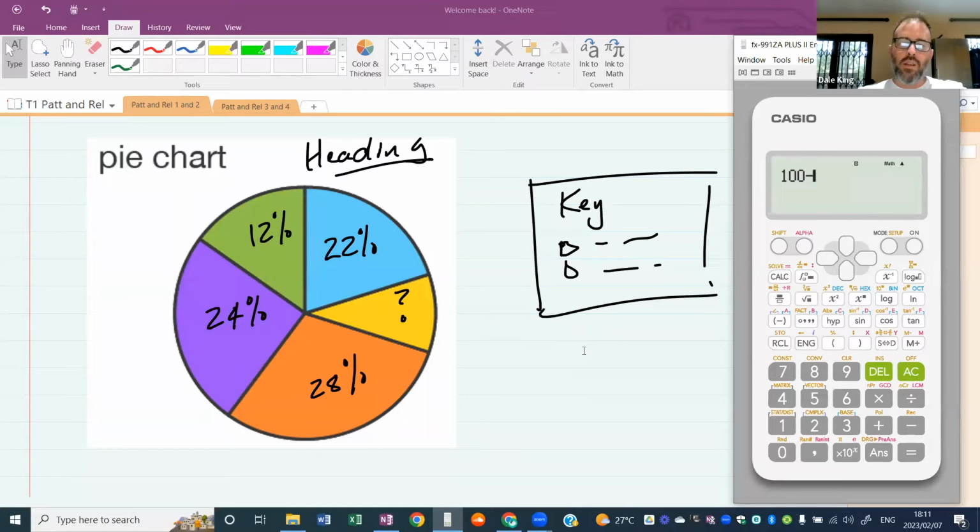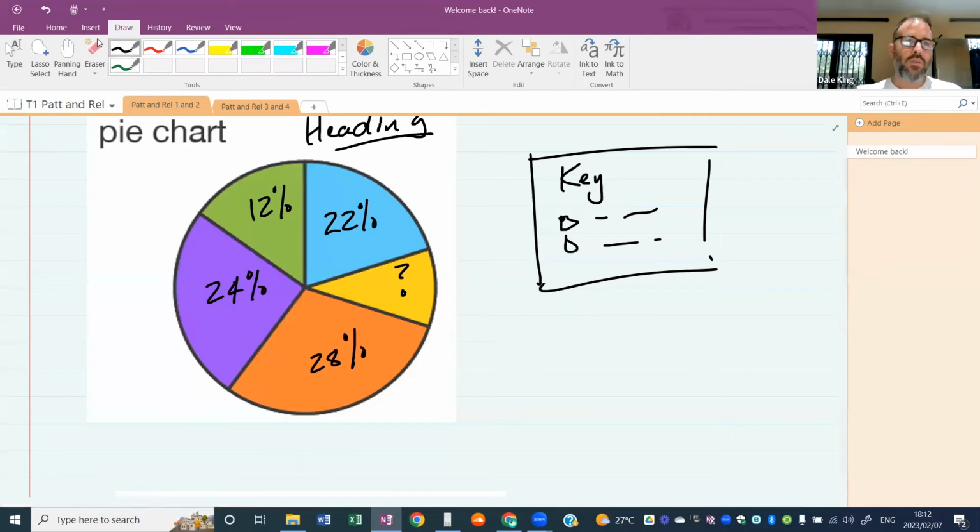So 100% minus all the ones that I know, which are 12 plus 24 plus 28 plus 22. So that bracket there. So it's 100% minus all the pieces that I know, should give me the one that I don't know. So if I press equals here, 14. All right, well done. 14%. So this yellow 14%. Let me write it in there.